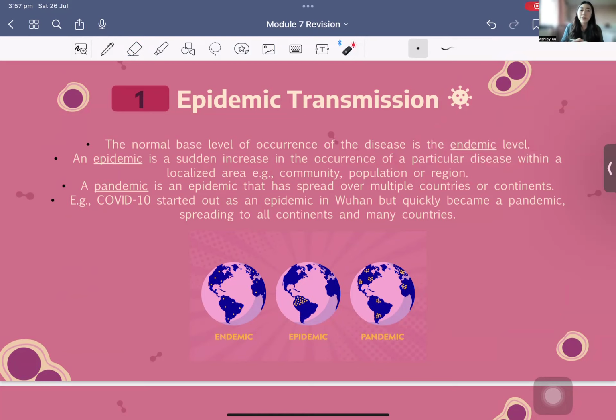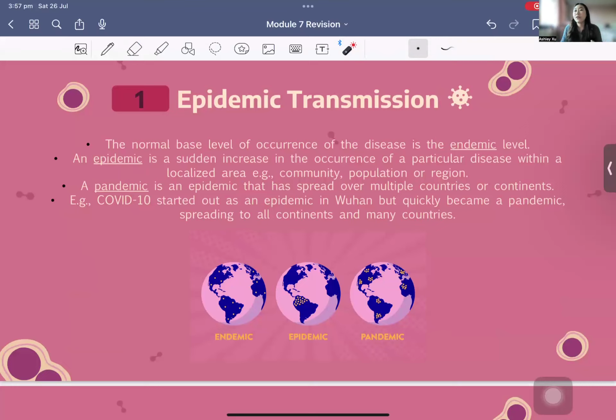And epidemic is when there's a sudden increase, okay, within a localized area. This could include a community, population, or region. So if in Sydney there is suddenly a spike in cases that was previously 5 cases per year, now it's 5,000, we call that an epidemic. Pandemic, though, is when an epidemic has spread across multiple countries or continents.